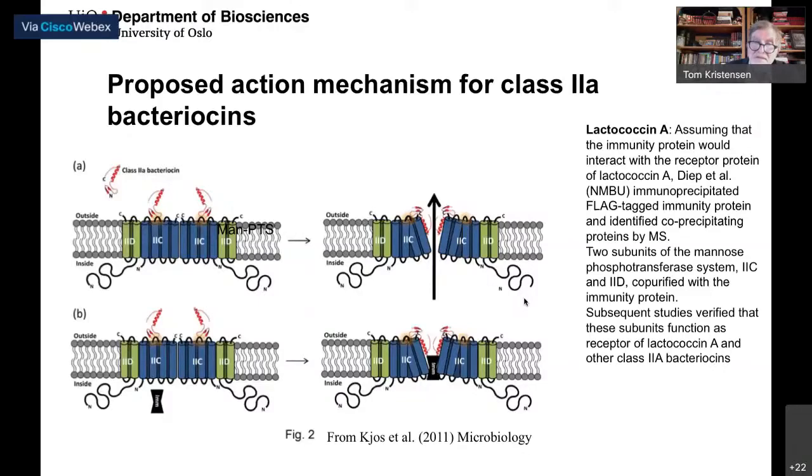It means that you only need nanomolar concentrations of a bacteriocin in order to kill a bacteria which is sensitive to the bacteriocin. So they are extremely potent compared to many other compounds that will kill bacteria.